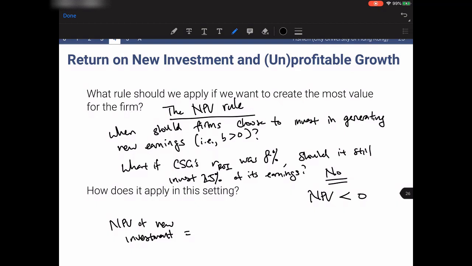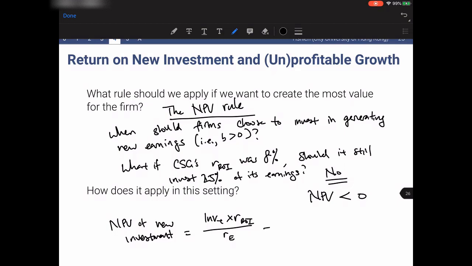It's a perpetuity. It's a growing perpetuity. So that is investment_t times ROI divided by r_E, right?